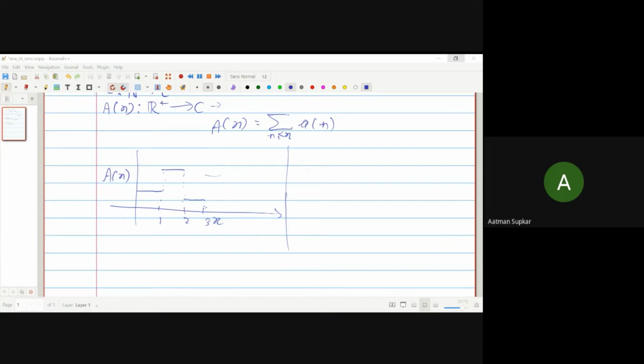Yeah, right. I'm back. Please repeat. I said since a of n is from natural numbers to complex, small a of n, then I guess the step function should add up. Wait, I didn't follow. Oh, right.